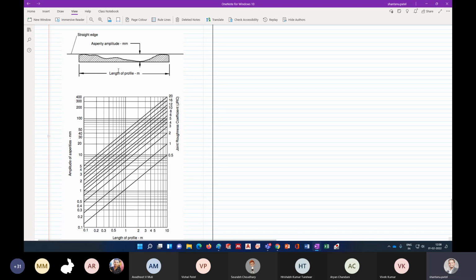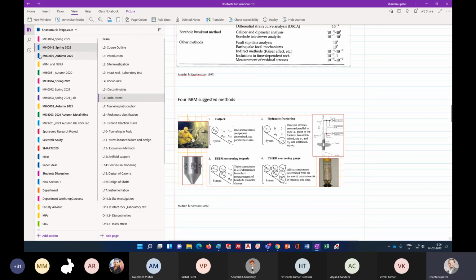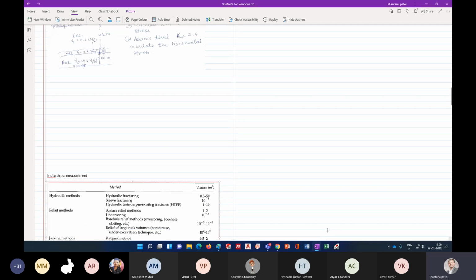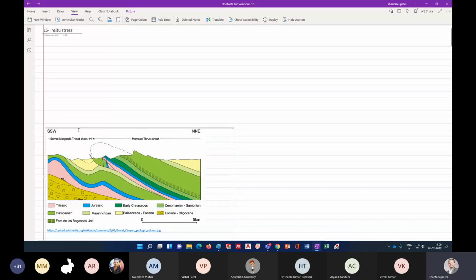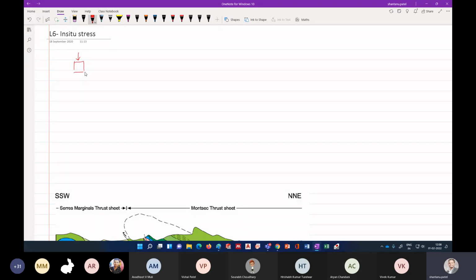Okay, so the next thing which is very important when we design an underground excavation is the in situ stress. From our previous classes we know the property of the rock: if some boundary condition is applied to a rock sample, how it fails and what load it can take.